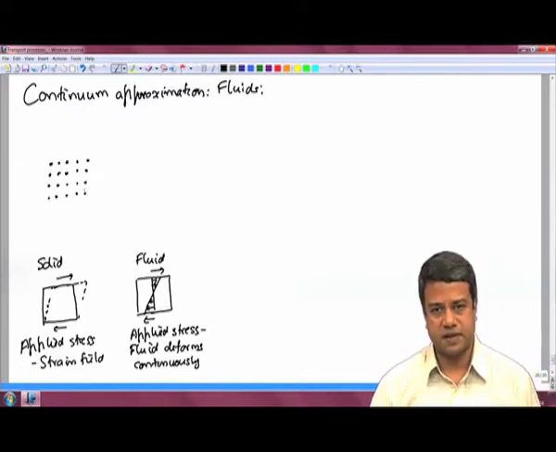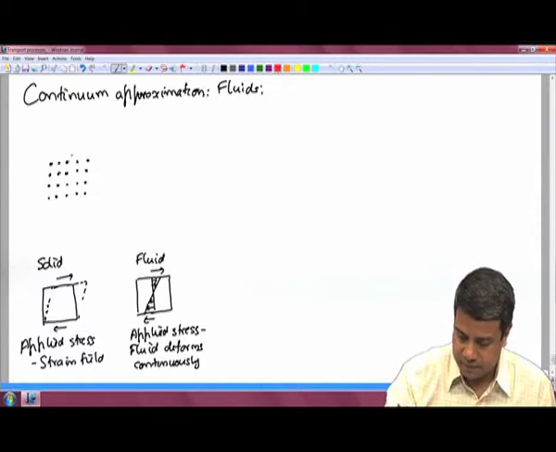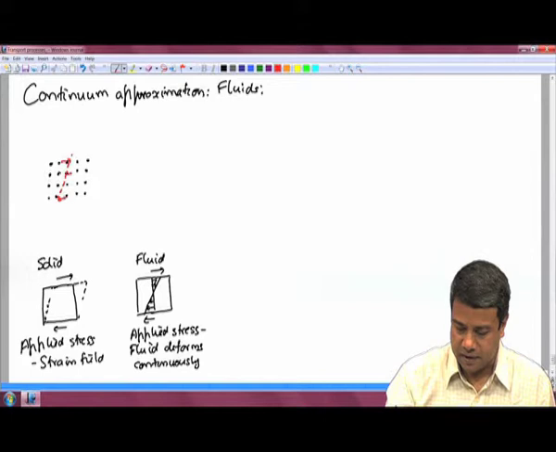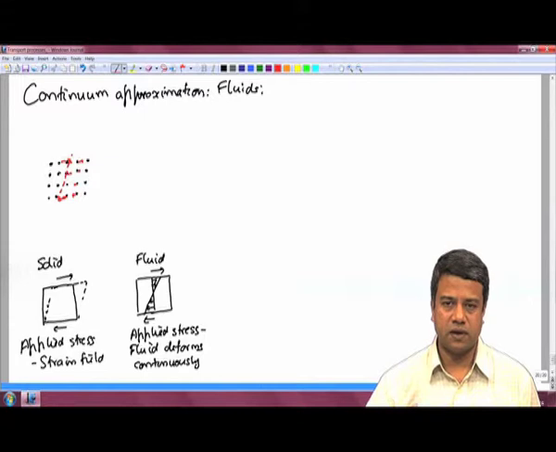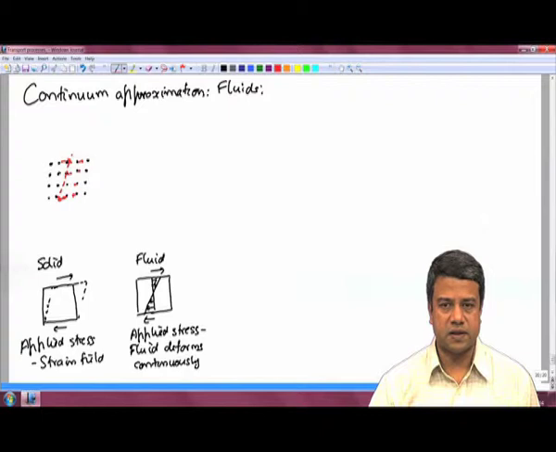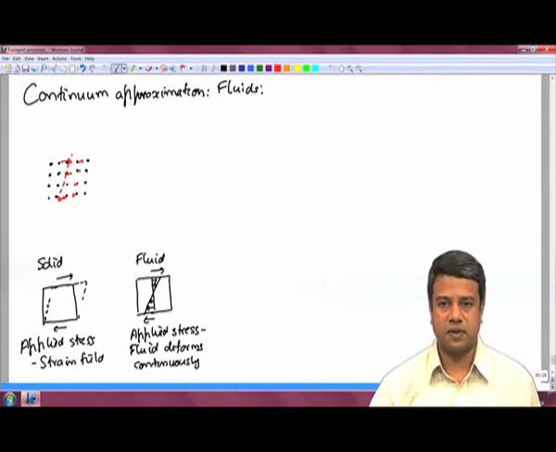So, there is a fixed lattice, and therefore, if you deform this lattice a little bit, if you apply a stress, all the molecules will shift a little bit from their equilibrium positions, and that shift of the molecules exerts a restoring force, because molecules would prefer to come back to their equilibrium locations. So, that shift of the molecules from their equilibrium locations generates a restoring force, and that causes a stress. So, this happens because the molecules have defined locations within a solid.